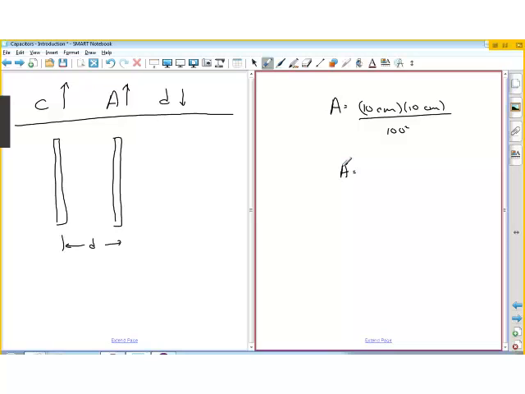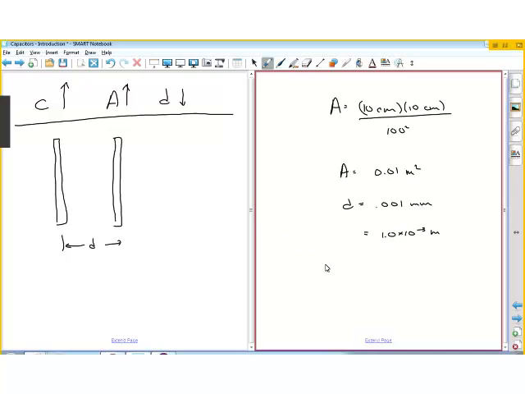So you take 10 times 10 divided by 100 squared, and we get 0.01 meters squared. Okay, let's say the distance is a millimeter, which is reasonably small, but as you'll see, it's not super small. That's 1.0 times 10 to the minus 3 meters, since it's 1,000 millimeters per meter.